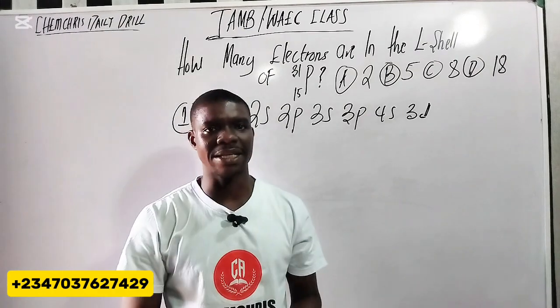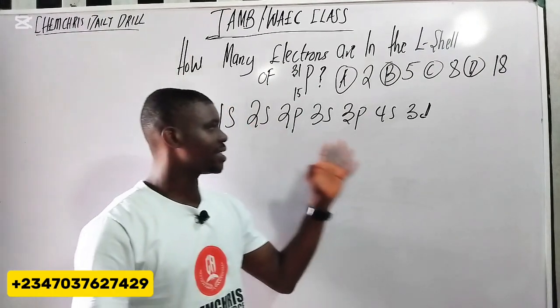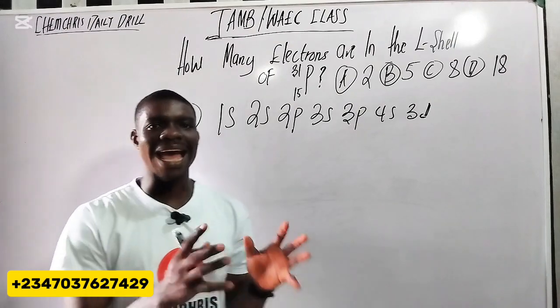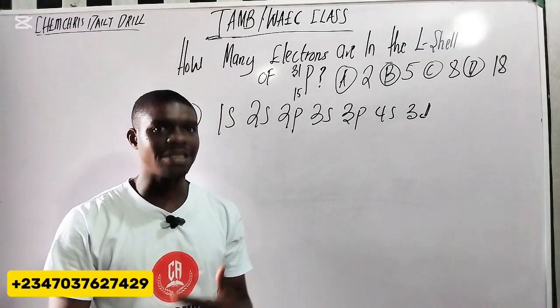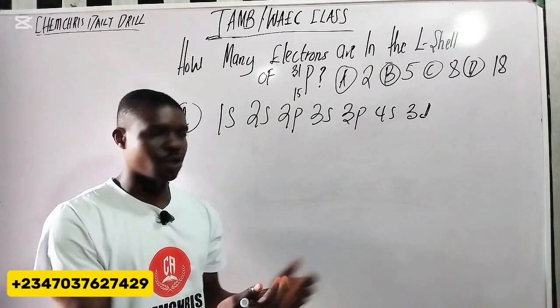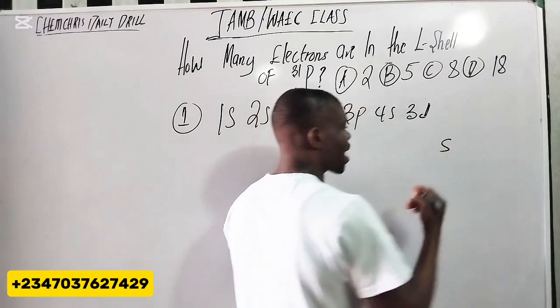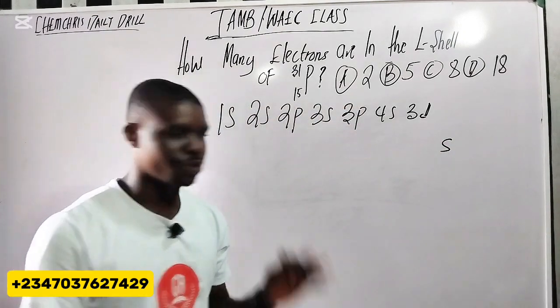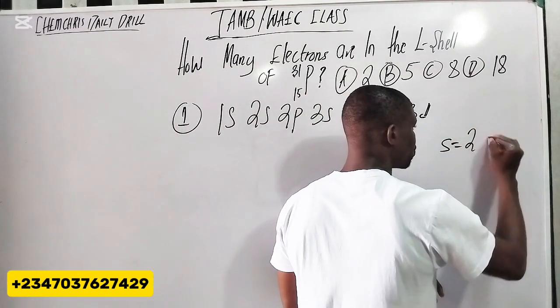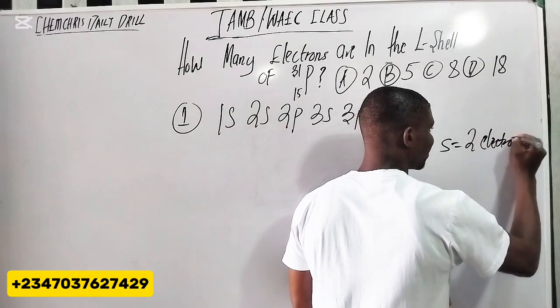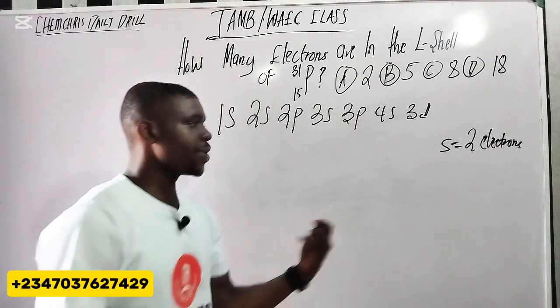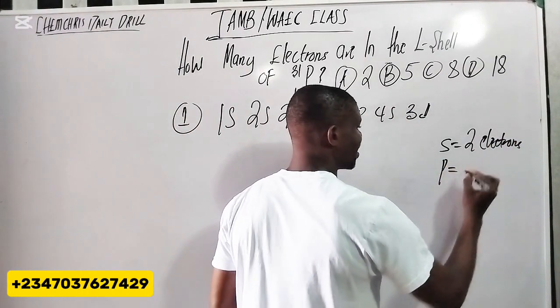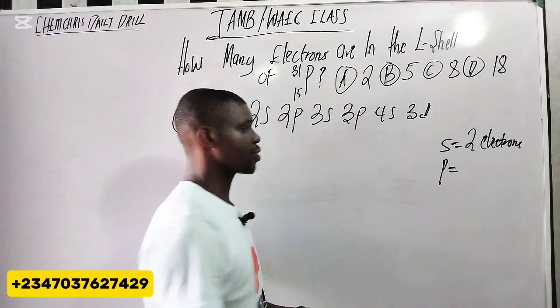The next thing to put in your mind is that the s, the p, the d, and the f have the numbers of electrons they can accommodate. They are called the orbitals. The s orbital can accommodate a total of 2 electrons. The p orbital can accommodate a total of 6 electrons.